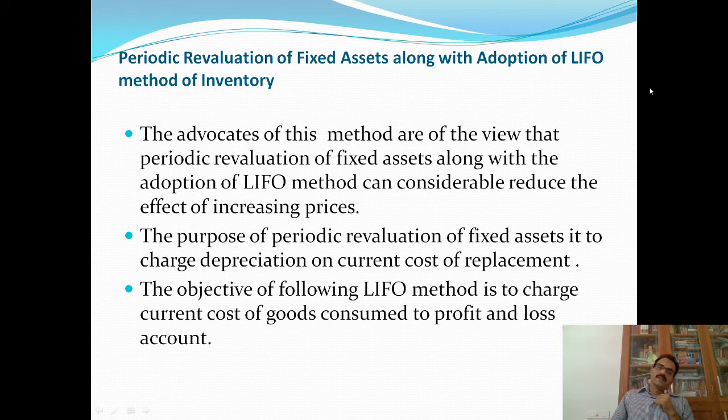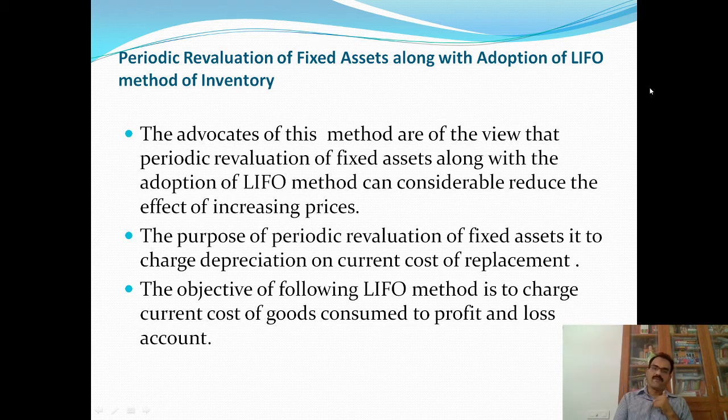The purpose of periodic revaluation of fixed assets is to charge depreciation on current cost of replacement. For what purpose are we periodically revaluing fixed assets? So we will charge depreciation based on the current replacement cost of the asset. Then what is the purpose of following LIFO method?